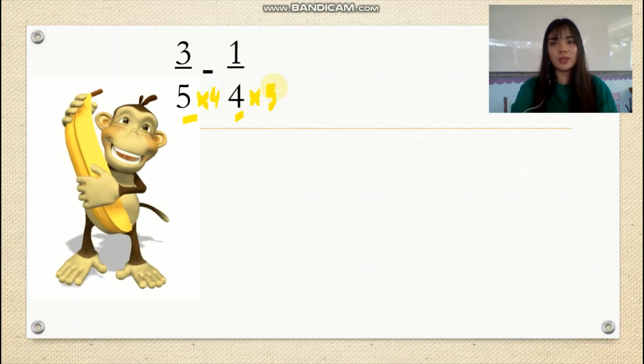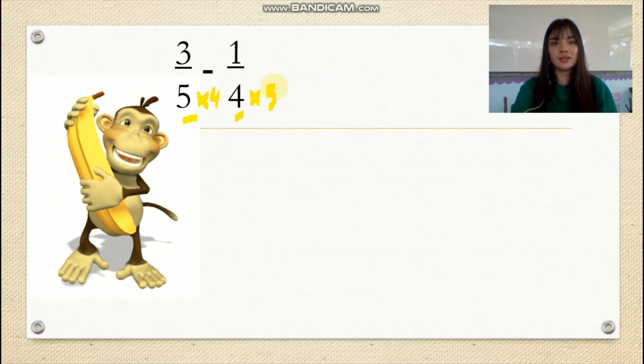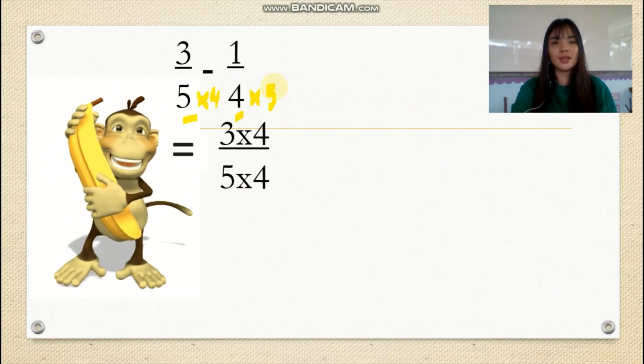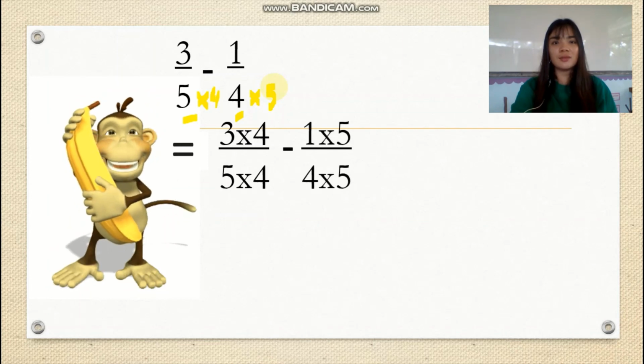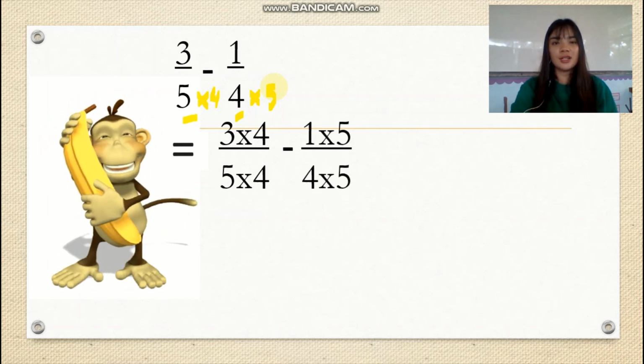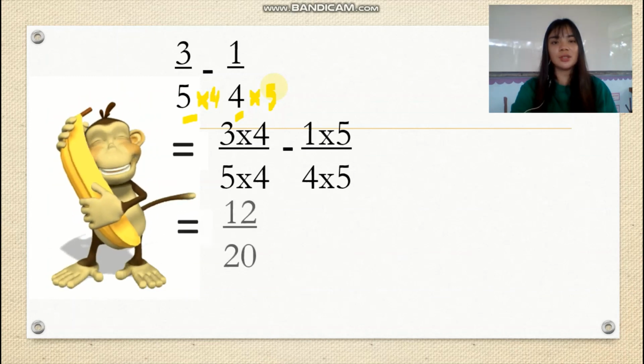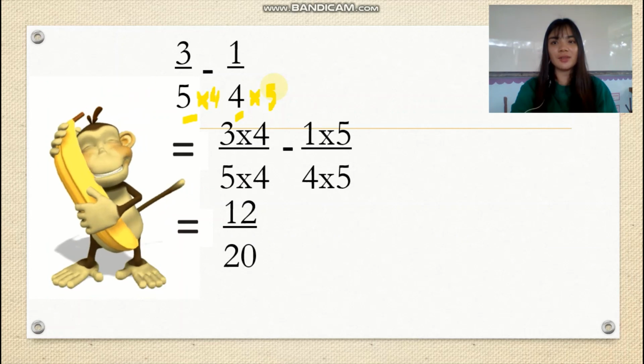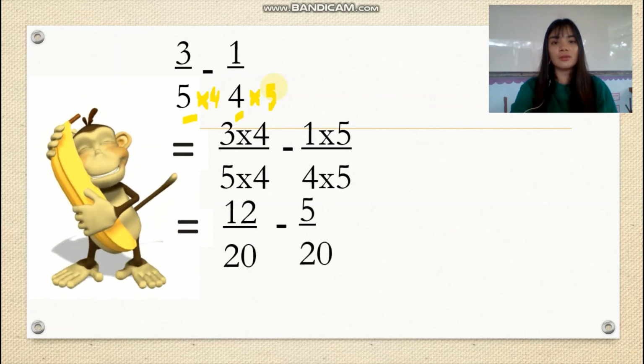Now we can multiply our numerators. So 3 times 4 minus 1 times 5. So 3 times 4 is equal to 12, minus 1 times 5 is equal to 5.